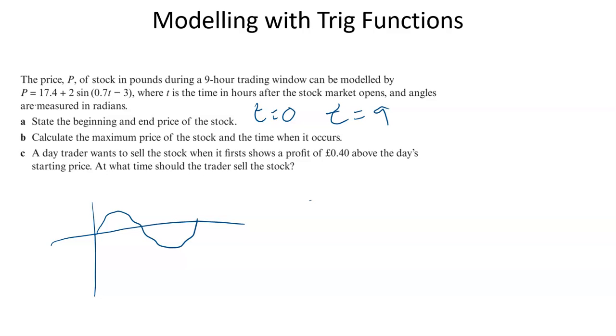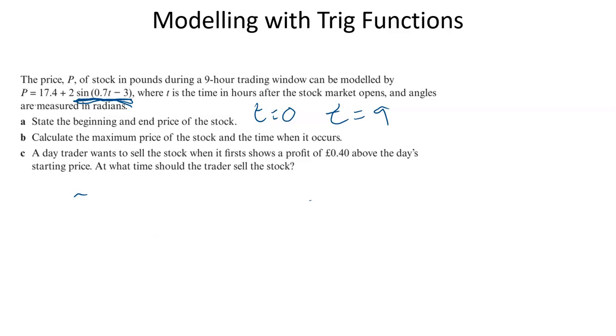It might be squashed in, it might not start in the right place. But what we know is that we want to get that value here to be 1. That's the biggest it can be. Although it then gets multiplied up, it doesn't matter. Sine of something, the biggest that can be is 1.